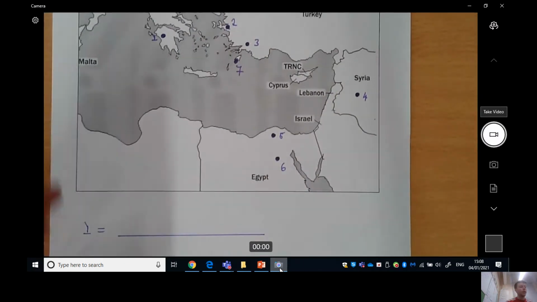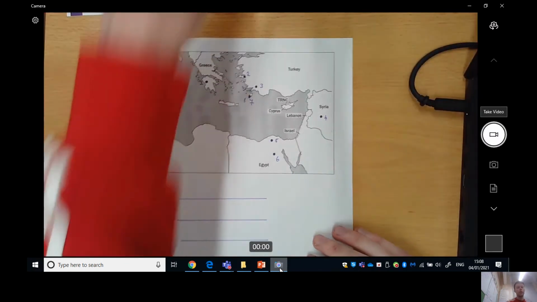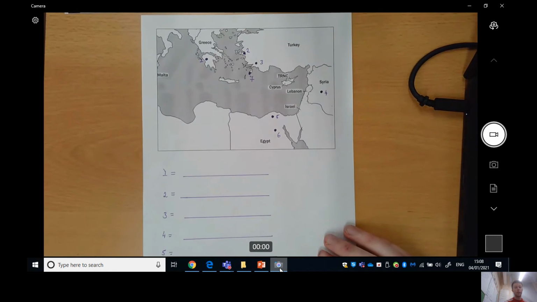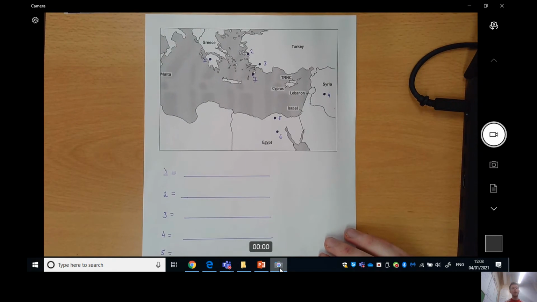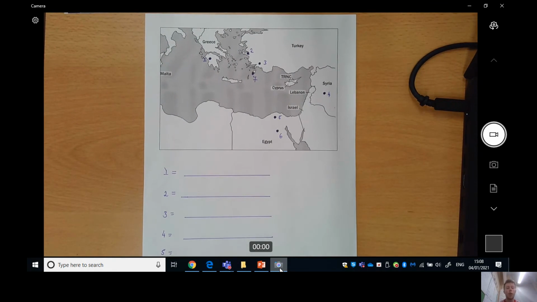Okay. So this is our task sheet. This is our independent task. We have a map of Northern Africa here and of the Middle East and Europe. I have labeled and numbered these from 1 to 7. Like I said, there were 7 wonders of the ancient world.